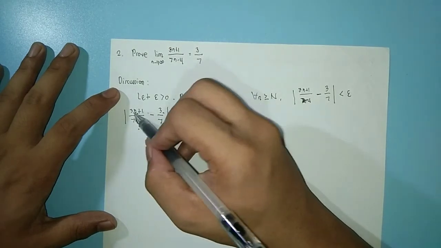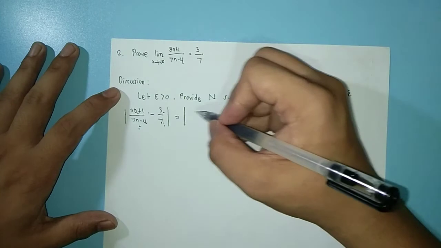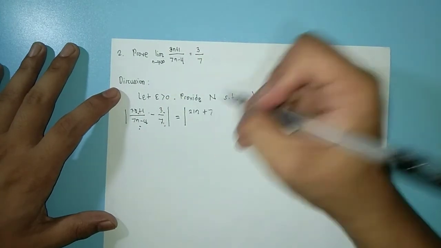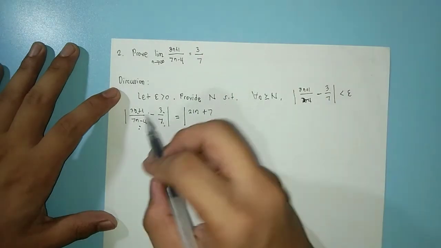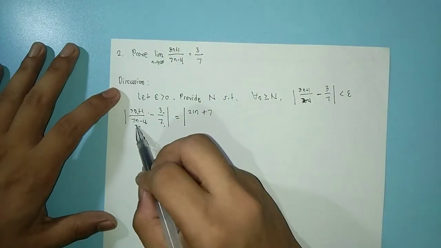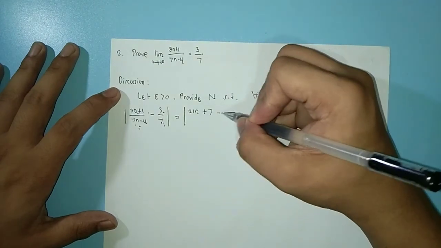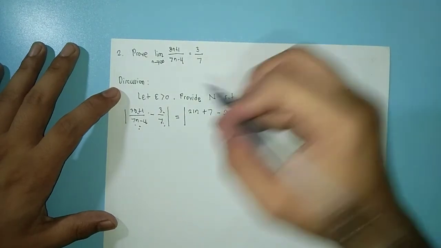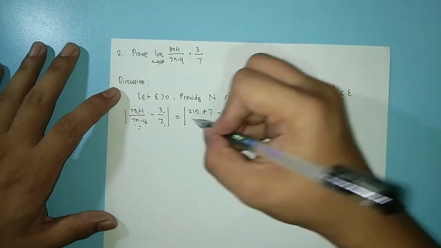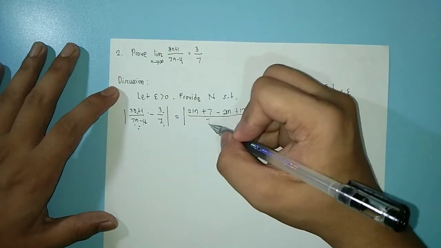Okay, dito, i-distribute natin, magiging 7 times 3n, 21n, 7 times 1, that is positive 7. Tapos, 7n times negative 3, that is negative 21n. Tapos, negative 4 times negative 3, that is positive 12. Over, wag muna nating i-times to.